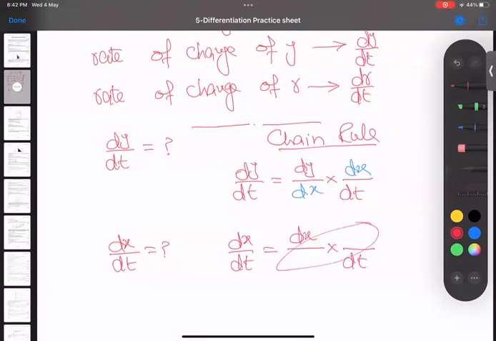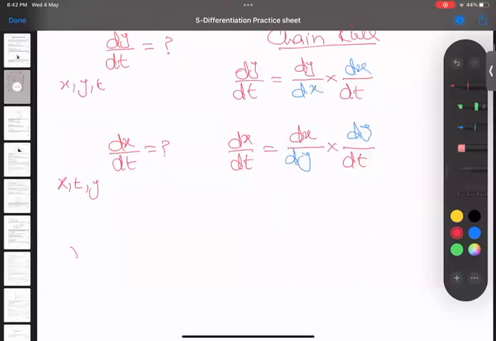Now what is the third variable? It depends upon the variables. So here x, y, and t are involved. Let's take another example: radius, area, and time involved. The examiner can ask you to find the rate of change of area.